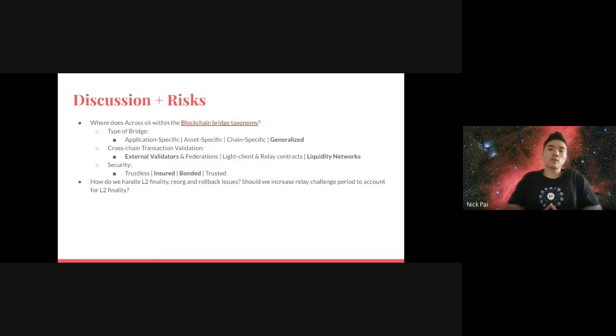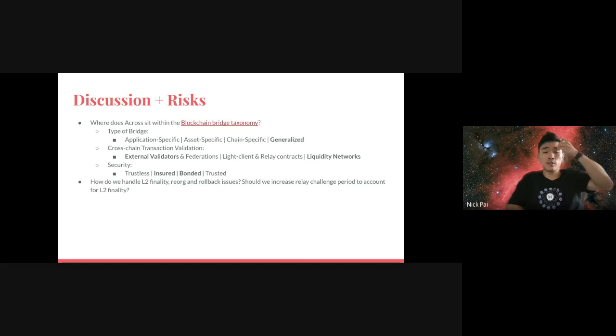The problem is you need to deploy a contract for each chain, and that doesn't scale on the development cost side. And then finally, there's a liquidity network, where you don't need validators, you just need people to provide liquidity on both networks. So this is what Hop protocol is offering.